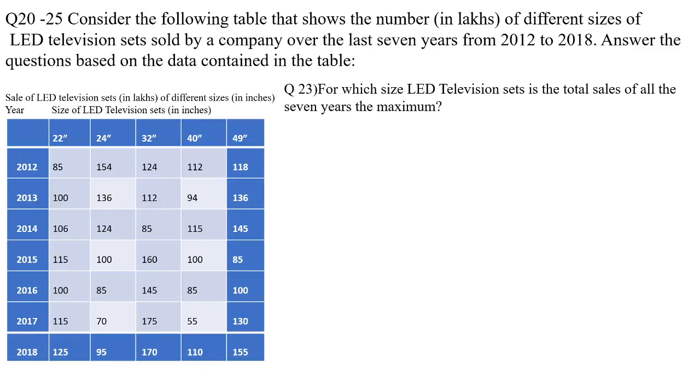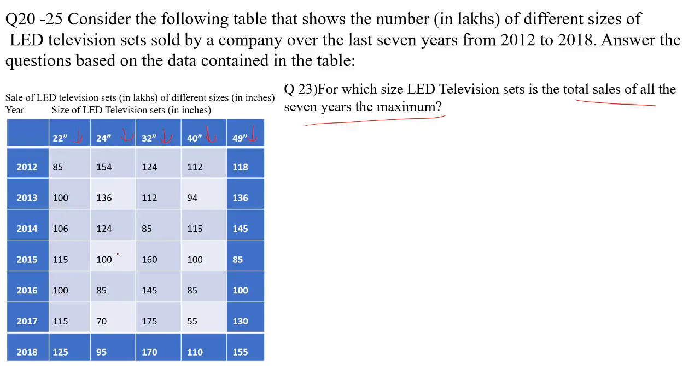Next comes the question, for which size LED television sets is the total sales of all the 7 years the maximum? We will see the values of all these. We can directly add. Also, another way is to observe all these values. You can see here many values are near 100, above 100 but less than 150.